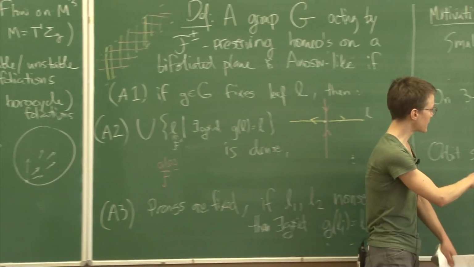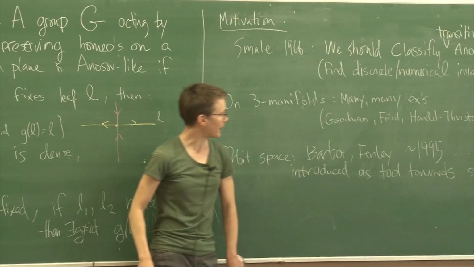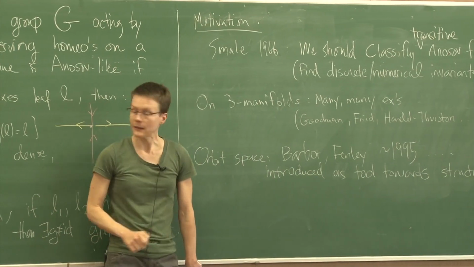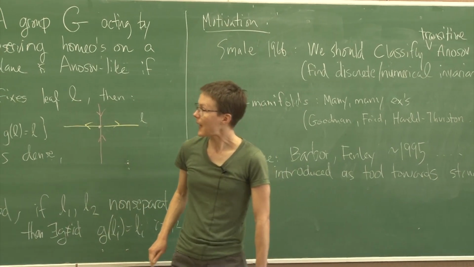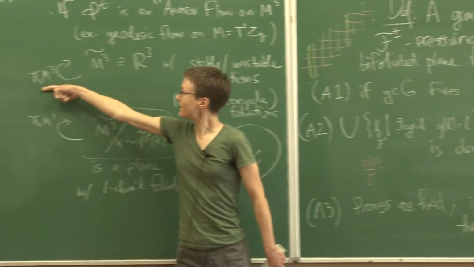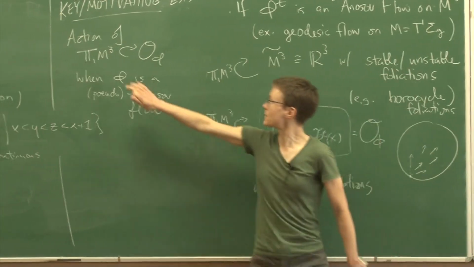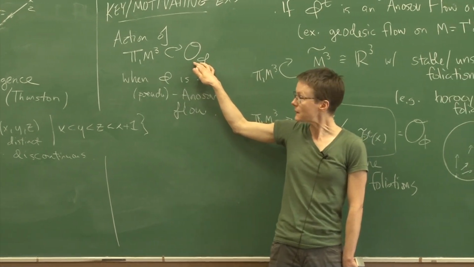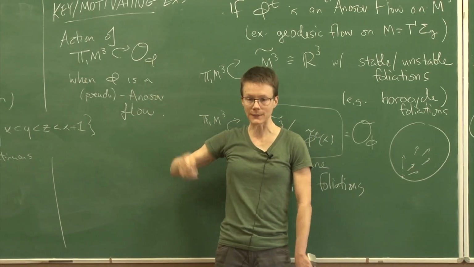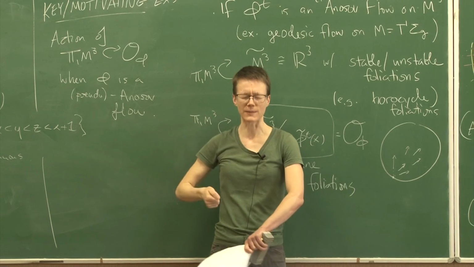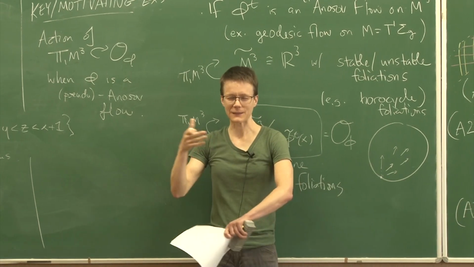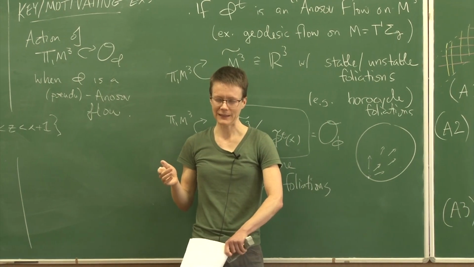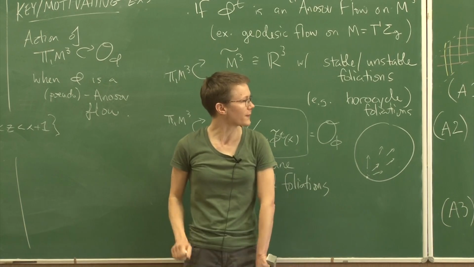And one result proved independently by both of them is that the action of this group on this orbit space, as an action on a bifoliated plane, determines the flow up to what's called orbit equivalence, so up to time change and conjugacy by a homeomorphism.